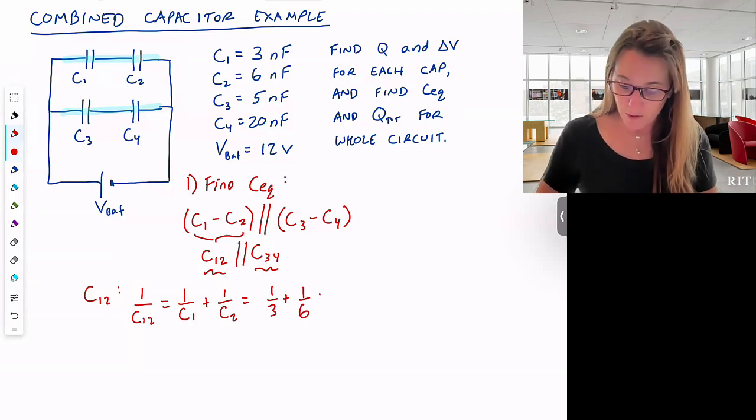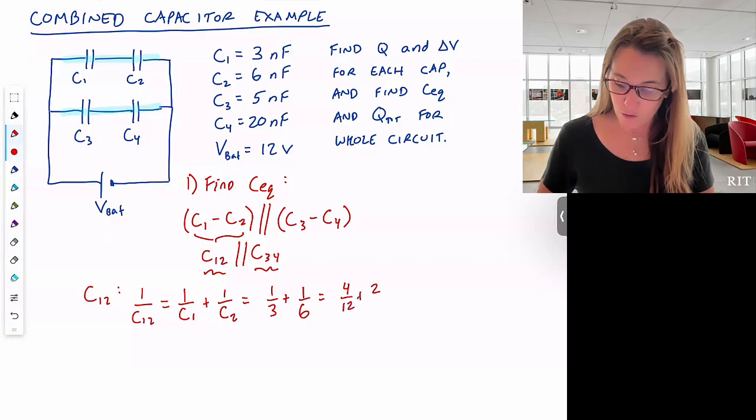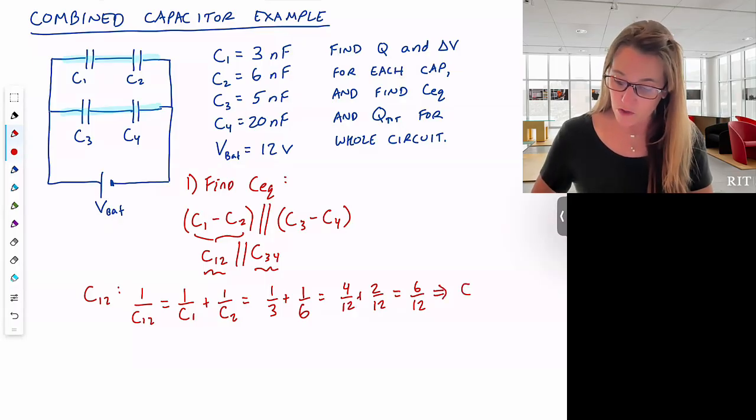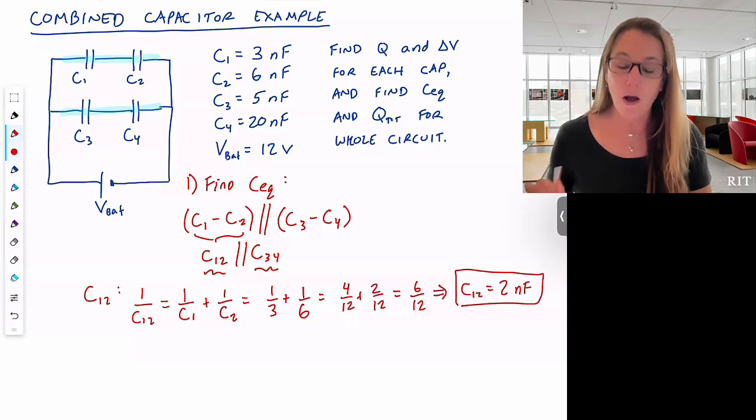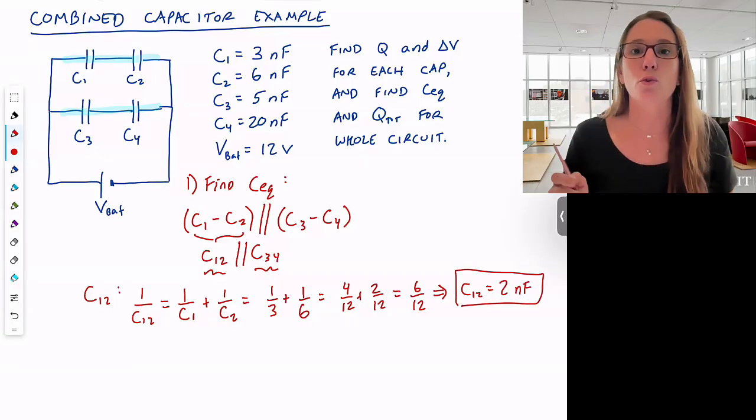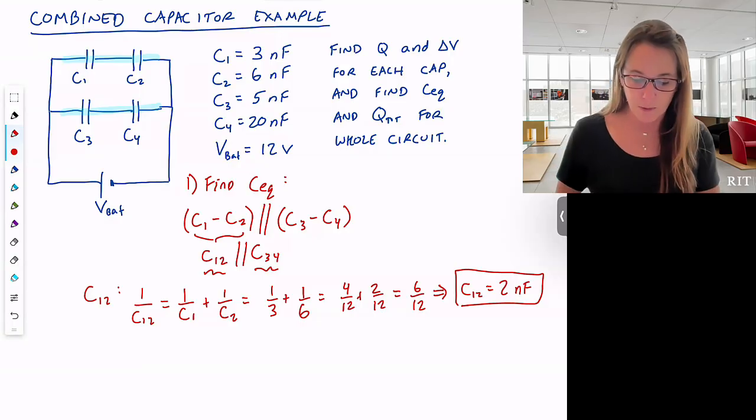So 1 over 3 plus 1 over 6 is 4 over 12 plus 2 over 12. That ends up being 6 over 12. And again, I have to invert that. So C12 equals 12/6, which is equal to 2 nanofarads. I am going to box that because those intermediate results are numbers that I'm going to want to keep.